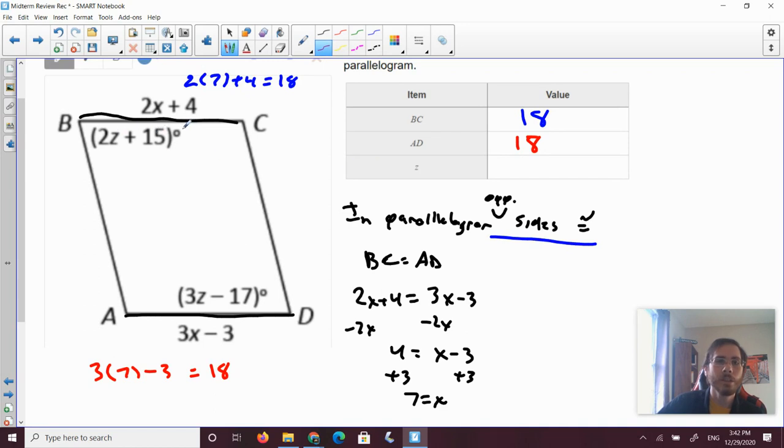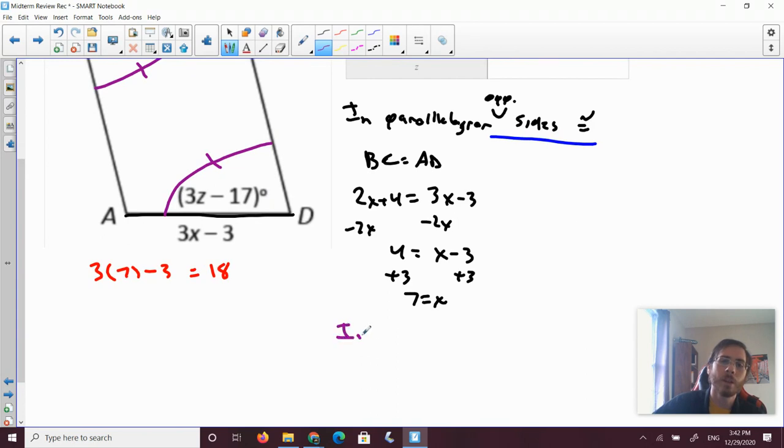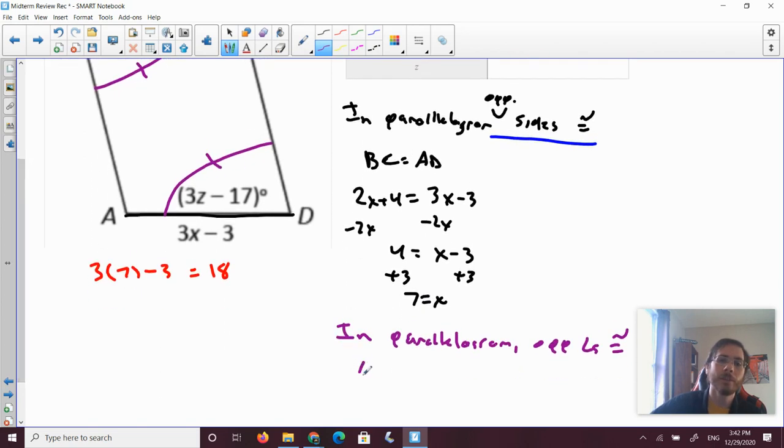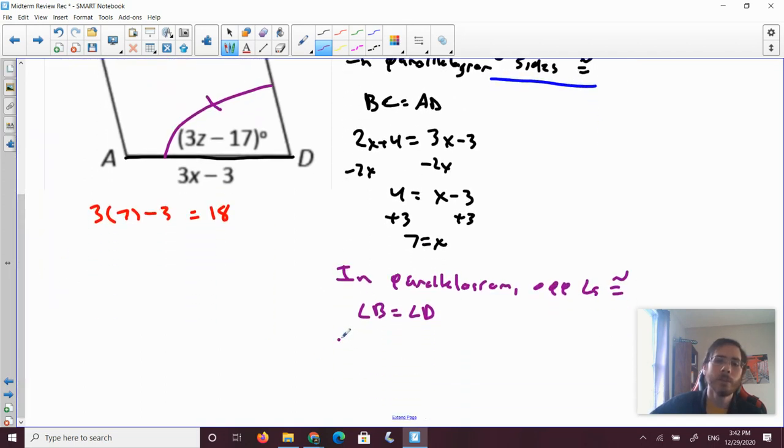To get z, it looks like z is going to deal with these two angles. They're kind of big, but they do go with these two angles. And in a parallelogram, opposite angles are congruent. So that's another one of our parallelogram properties. So that means that angle B and angle D have to be congruent. So I can set those two equal to each other. So B is 2z plus 15. D is 3z minus 17.